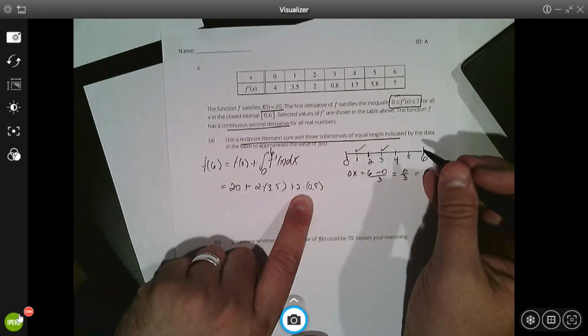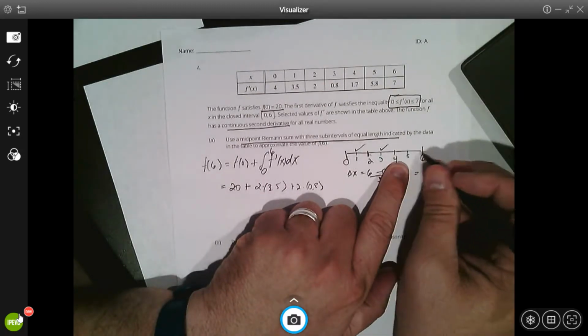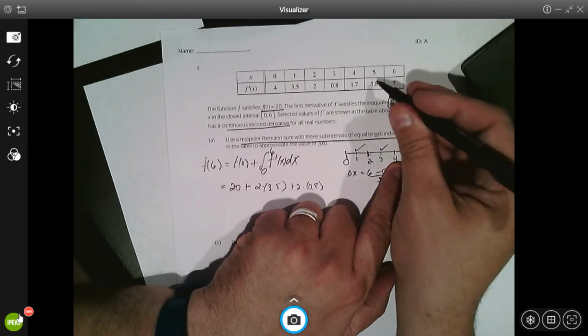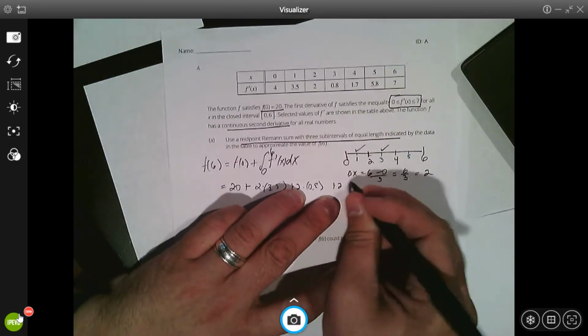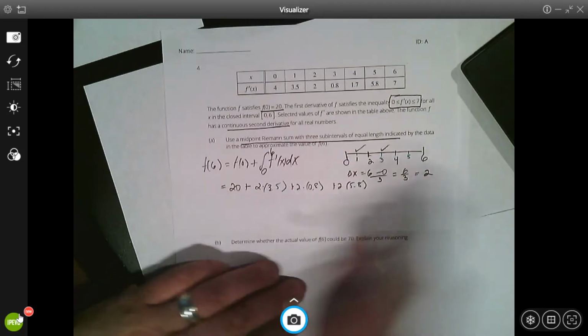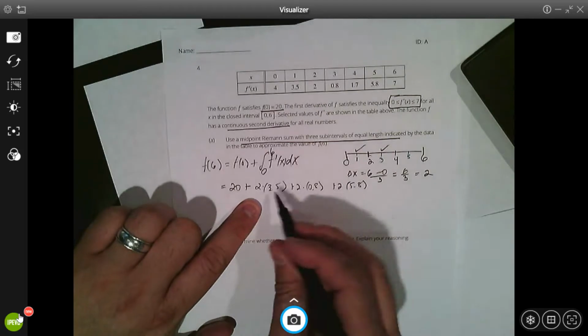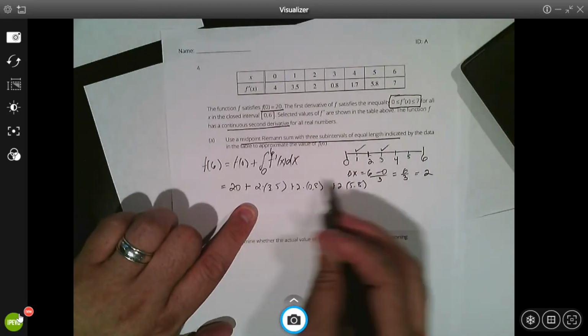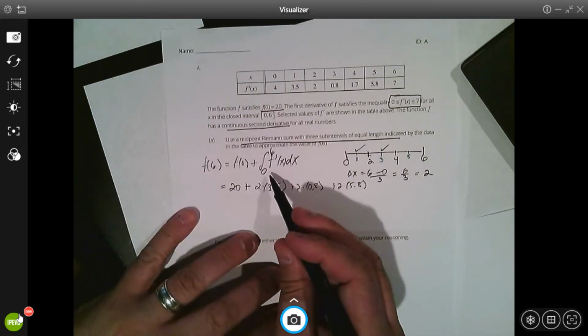Multiplying those two together gives me that next area. The last interval has a length of 2 times the height of the function is 5.8. So 2 times 5.8. I've got my initial value. This part over here approximates the integral of the derivative.